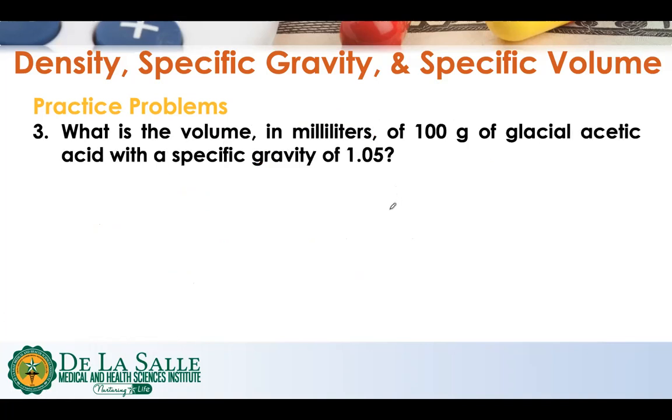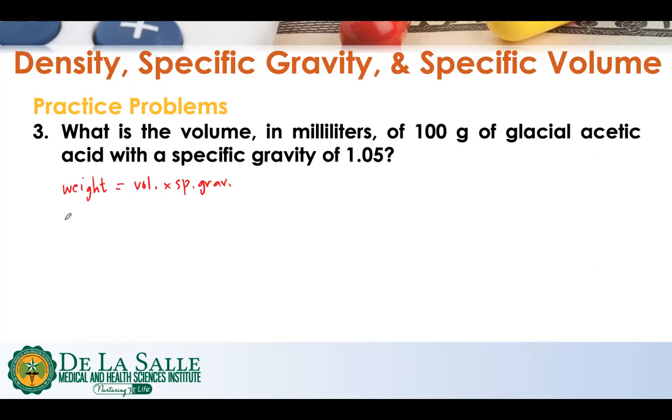And lastly, we have this problem. What is the volume in milliliters of 100 grams of glacial acetic acid with a specific gravity of 1.05? Okay, remember again that the weight of a substance is equal to its volume times its specific gravity.